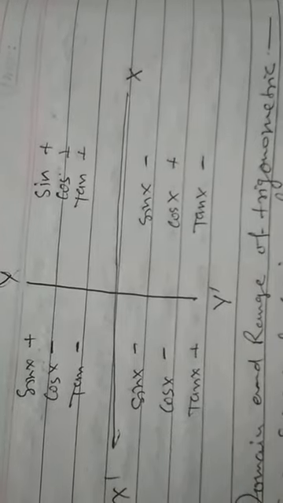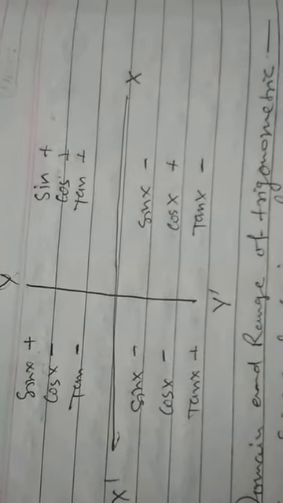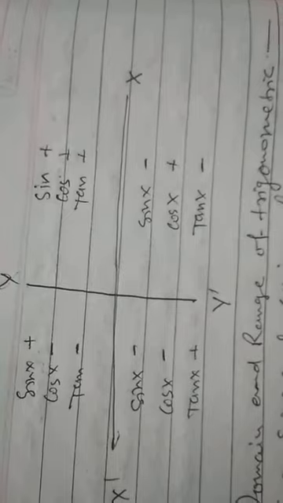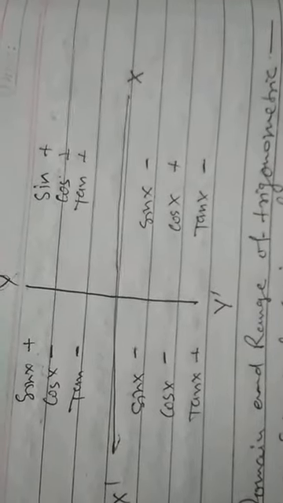All trigonometric functions are positive in the first quadrant. Sine and cosec are positive in the second quadrant and the rest of the trigonometric functions are negative. Tan and cot are positive in the third quadrant, and the rest, sine, cos, sec, cosec, are negative in the third quadrant.